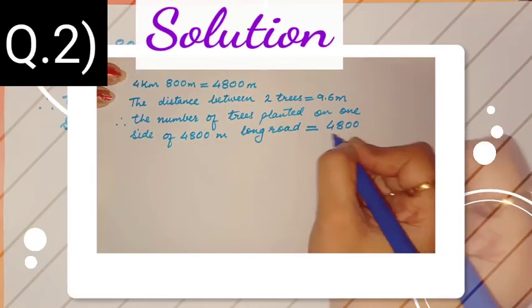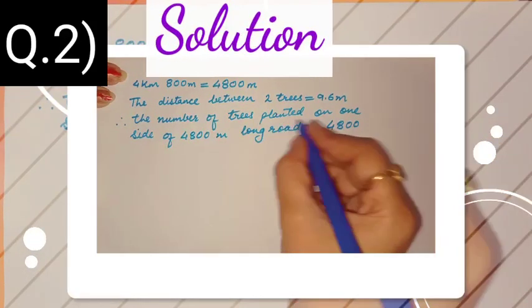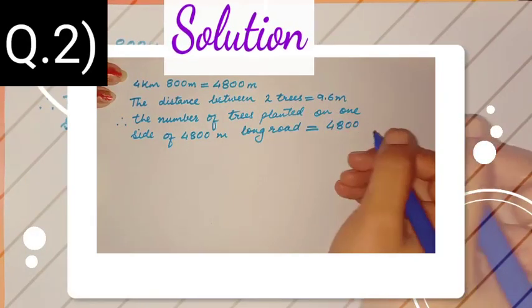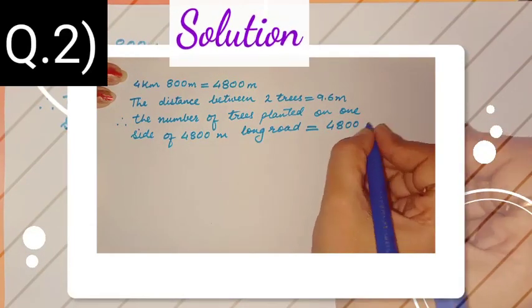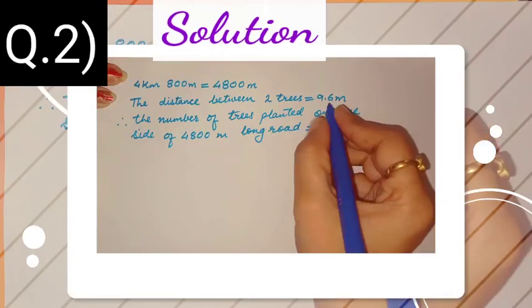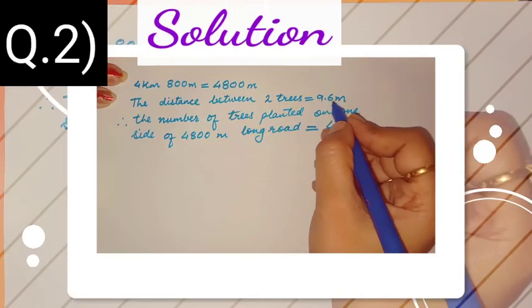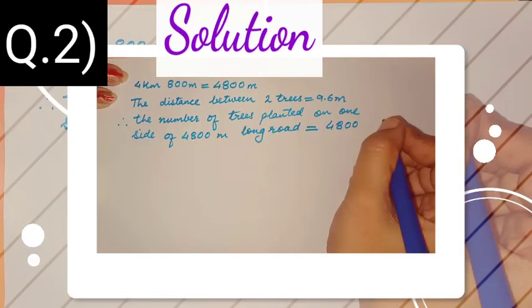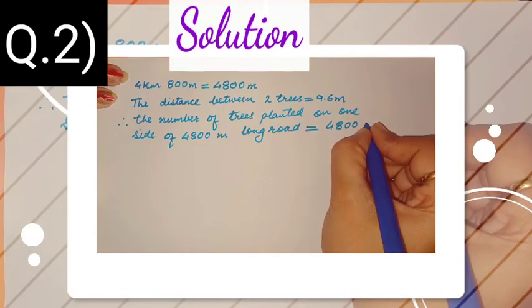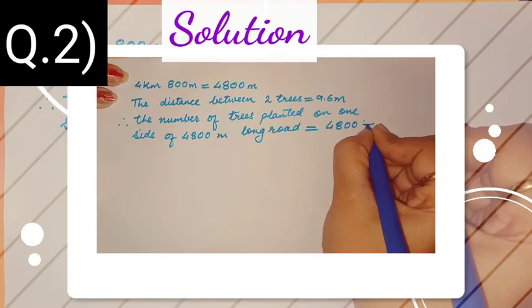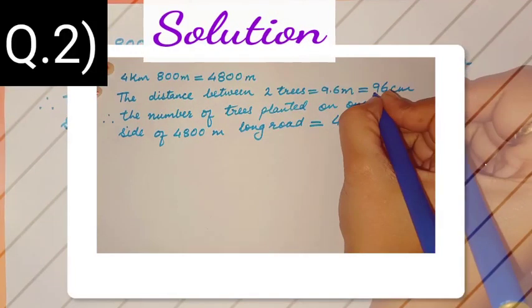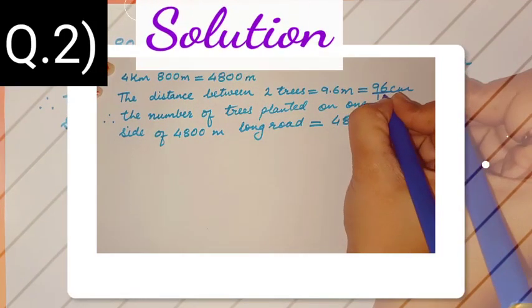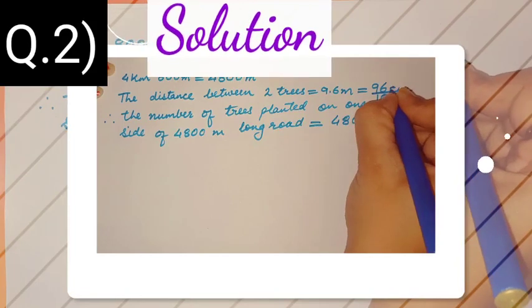4800 meter, this is the road, we'll divide it by 9.6. Here we have converted it into a fraction, 96 upon 10 meter.